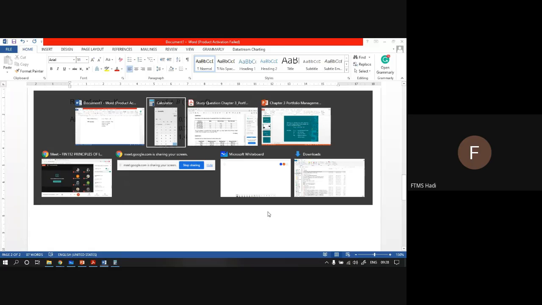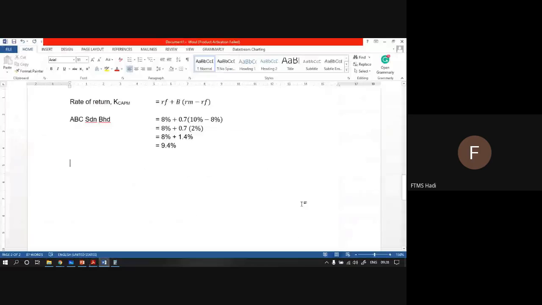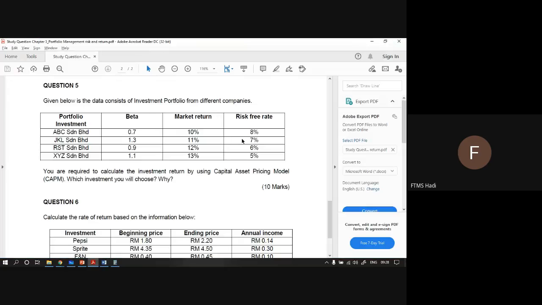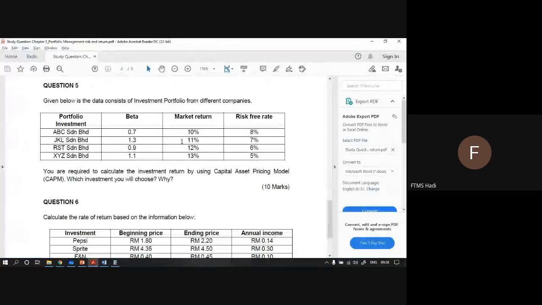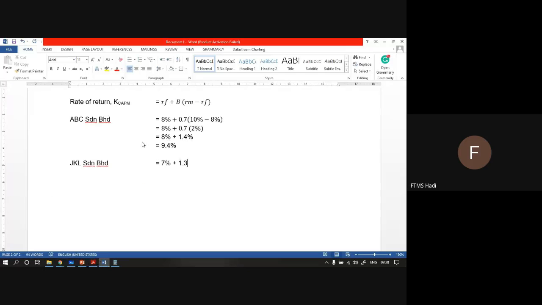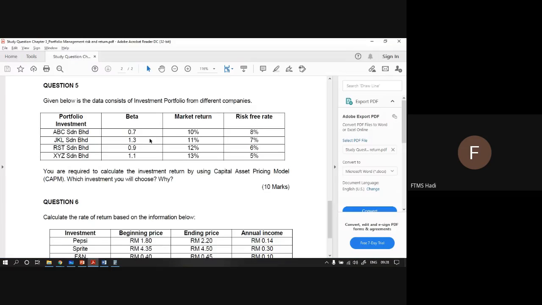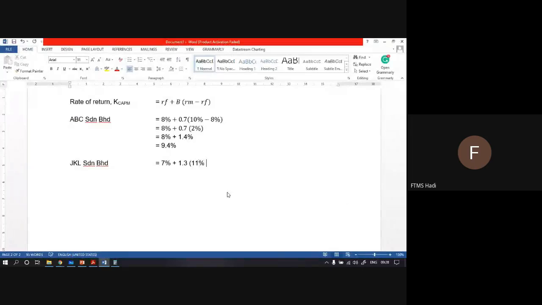Right, the second part will be JKL Sdn Bhd. Risk-free rate 7%, plus beta 1.3, and then RM market return 11%, minus 7%. That is the second part. And then RST Sdn Bhd using the same formula.